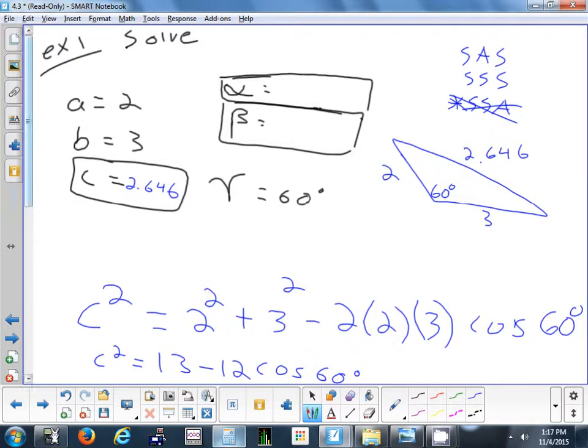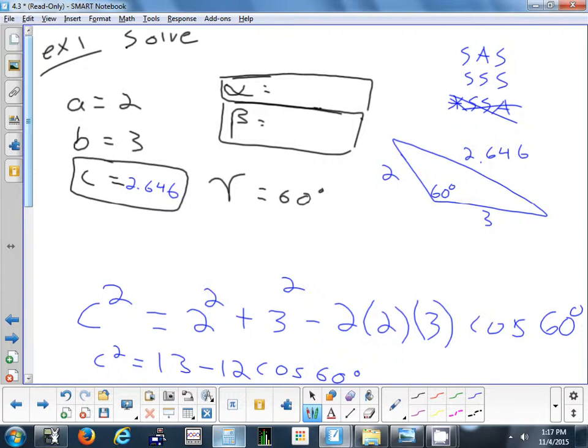All right. Now, the way I'm going to do it, I'll find alpha, and then once I have that, I'll just add them up and subtract from 180. What's the danger in doing it that way? If I find alpha, add it to 60, and subtract from 180. Yeah, if I get alpha wrong, I'm going to get beta wrong automatically.